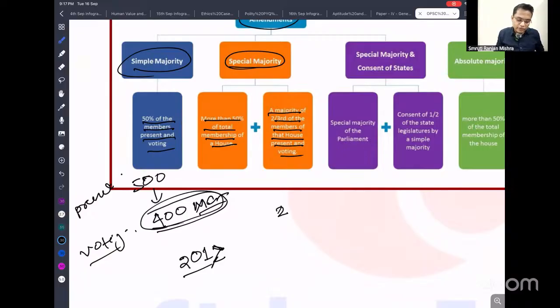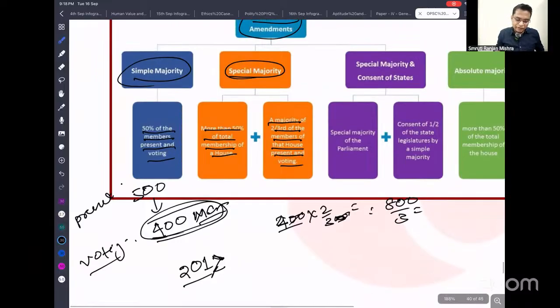So what is that value? Okay, so you can say 8. If this value is more than 50% of the strength, more than 276, then only we can say this bill is passed.